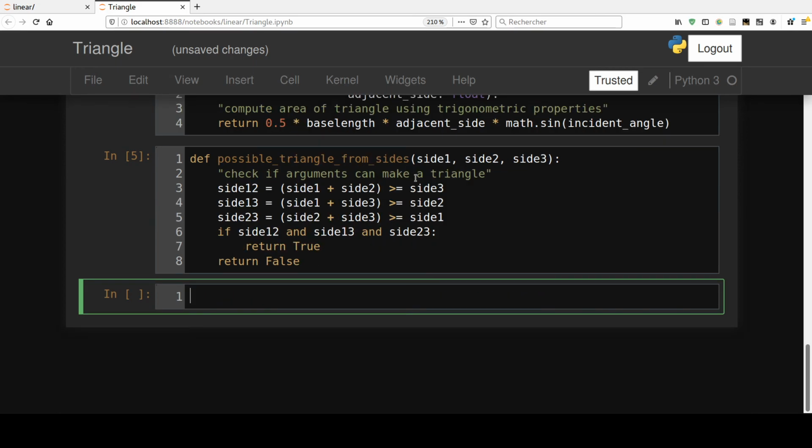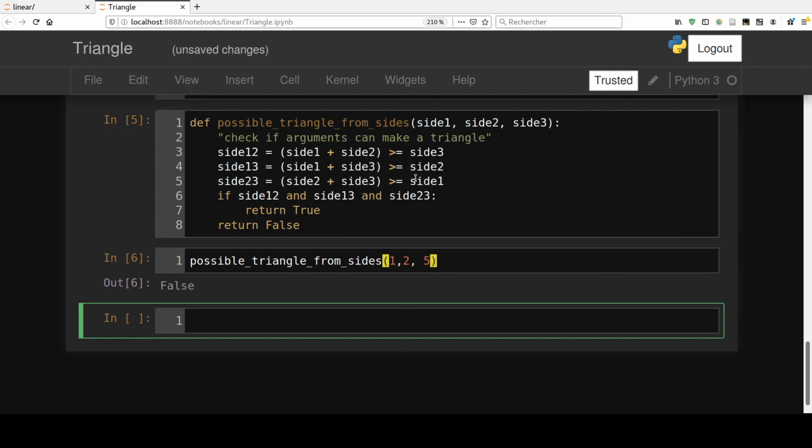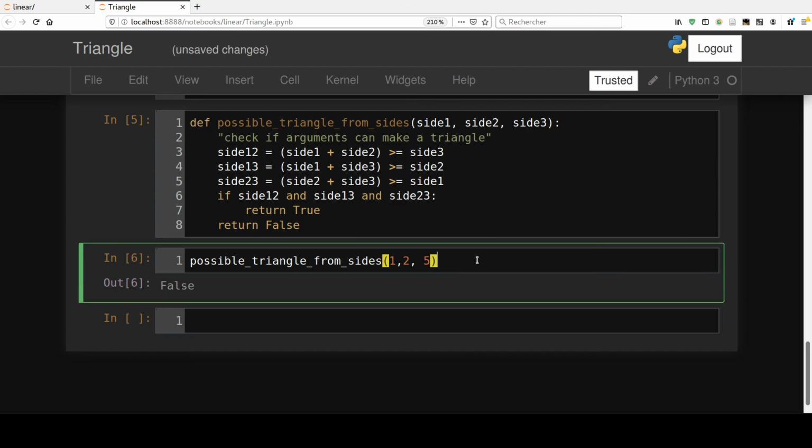Let's check if this function holds. Let's give some numbers like possible 1, 2, and 5. Normally this should not work because the 5 is bigger than the sum of 1 and 2. Oh, we receive false.